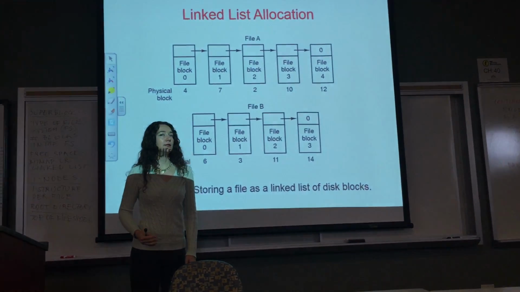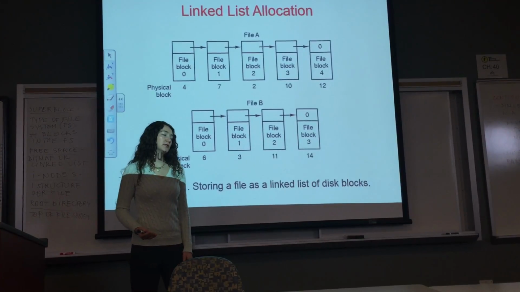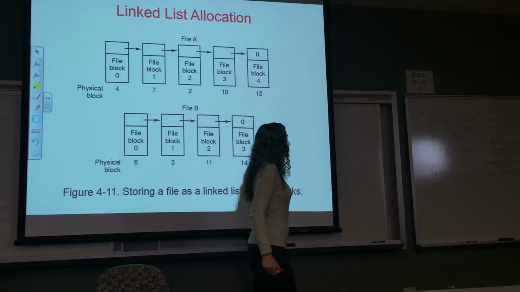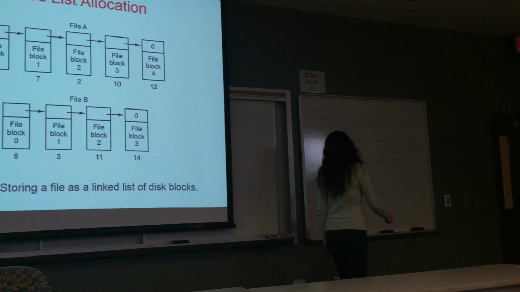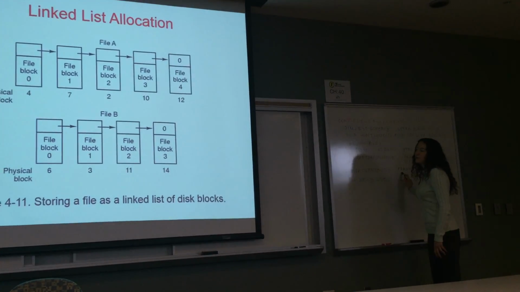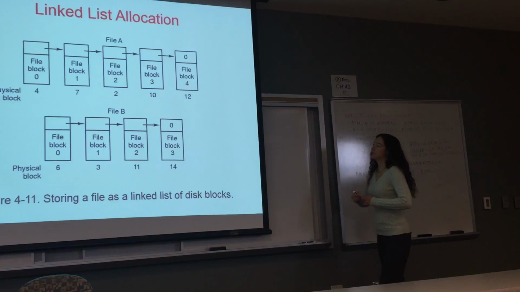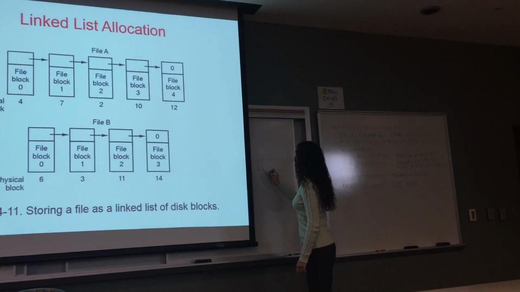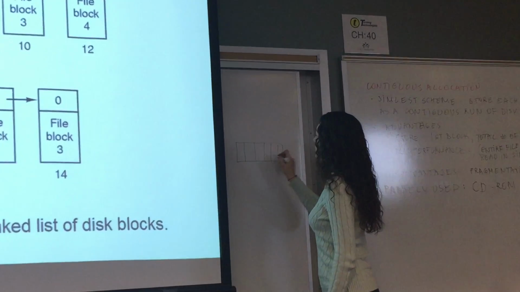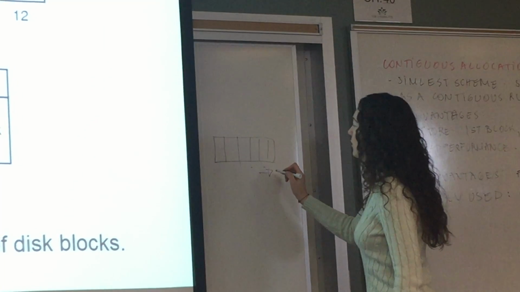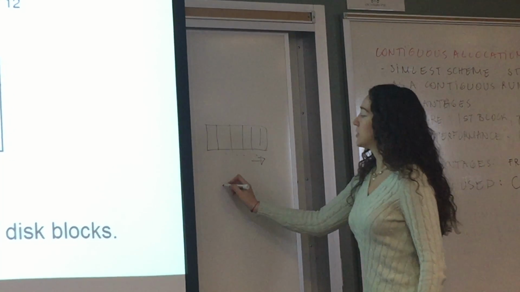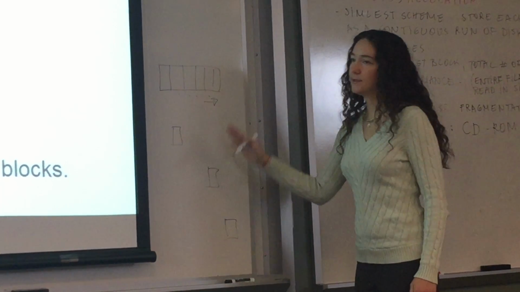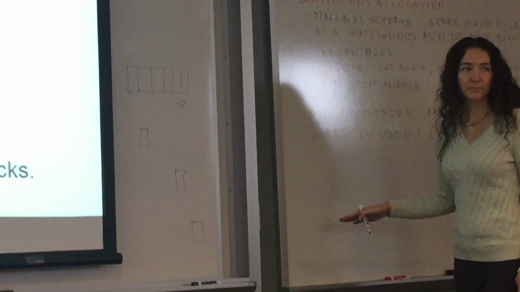So if one file is too big to fit into a single block and has to be placed in multiple blocks, if we want to avoid the fragmentation issue, what we can do is, instead of having the file start here and then use all the rest of the blocks that follow, we would just use any free blocks that we find on the disk.